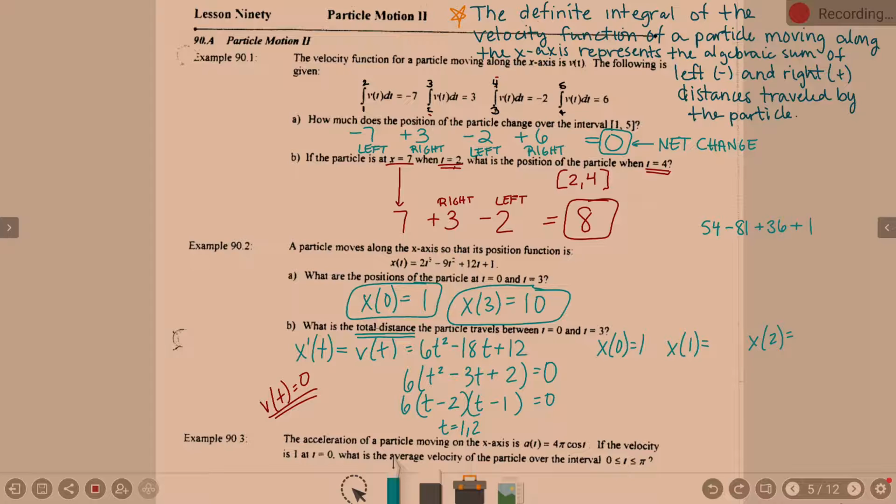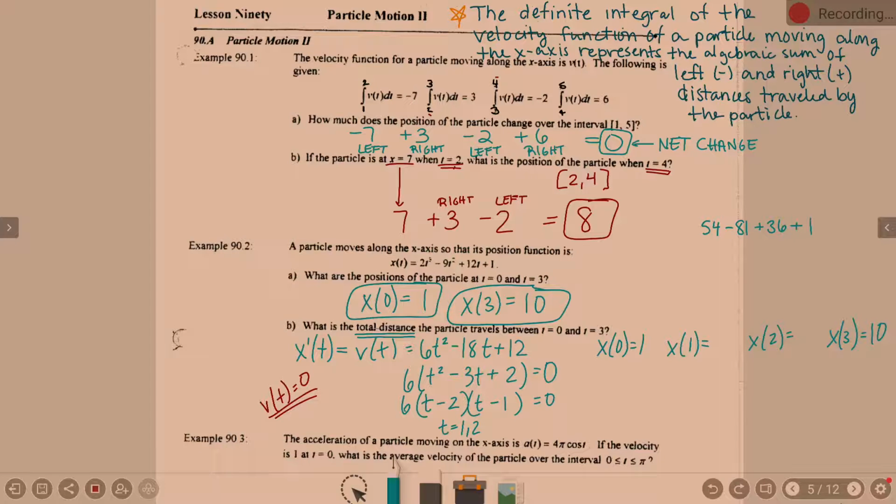The BenQ, when I don't blow it up all the way, it doesn't fit quite the same. And then we also know the position at time 3. Yes, position at time 3 is 10. So we need to know our positions at time 1 and at time 2, because those are the points when my particle turns around.